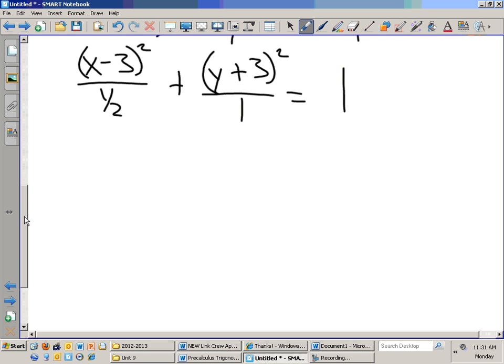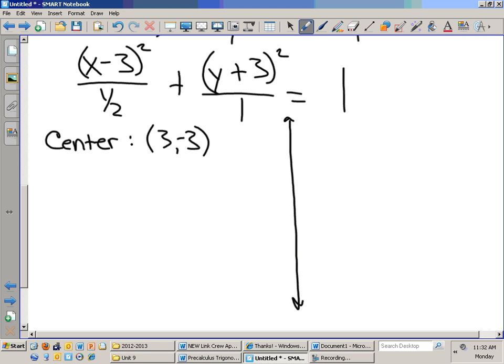Now, let's identify some important characteristics. We're almost there. Center is positive 3, negative 3. C for center.